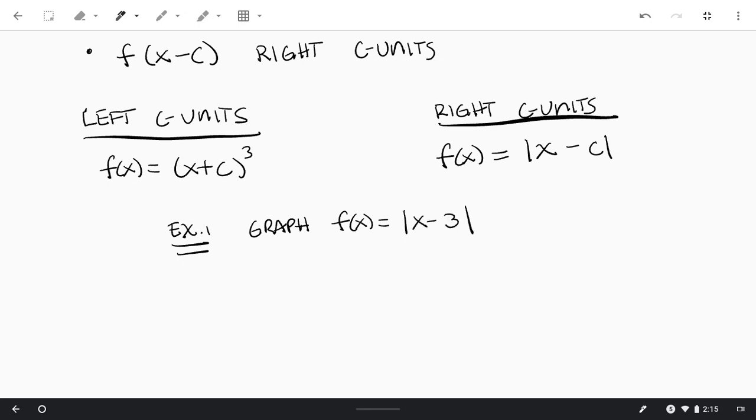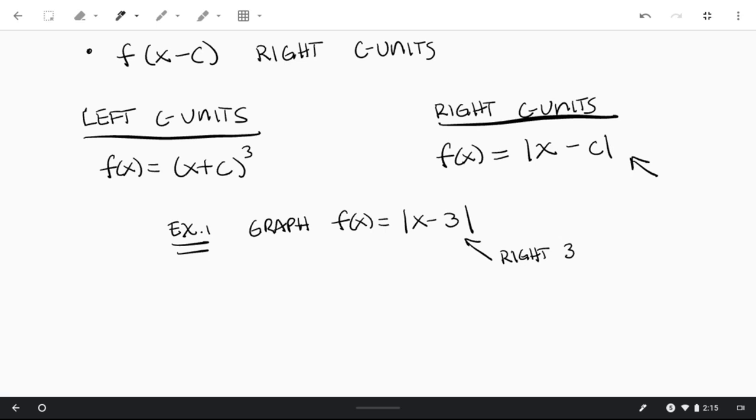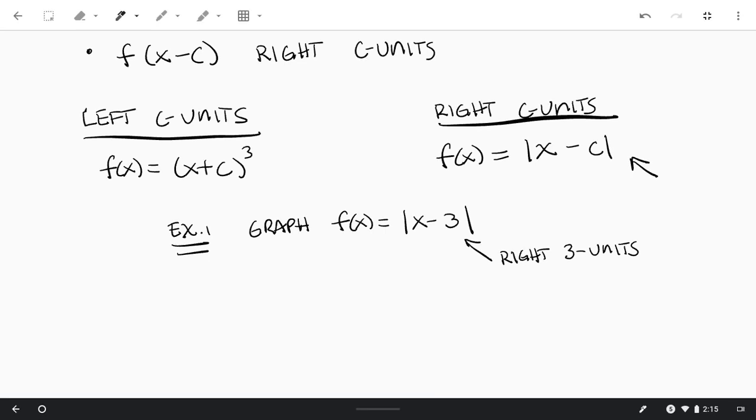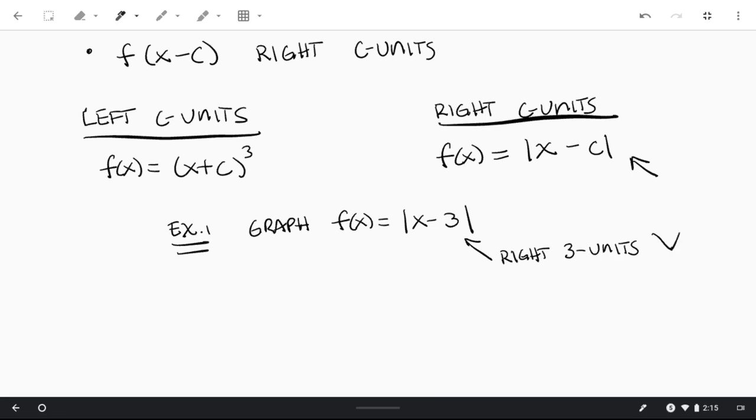So this 3 is on the inside, and it follows this structure right over here. This means that we are going to have the absolute value graph, and then we're going to shift it right 3 units. If you remember, the graph of absolute value is a V shape.